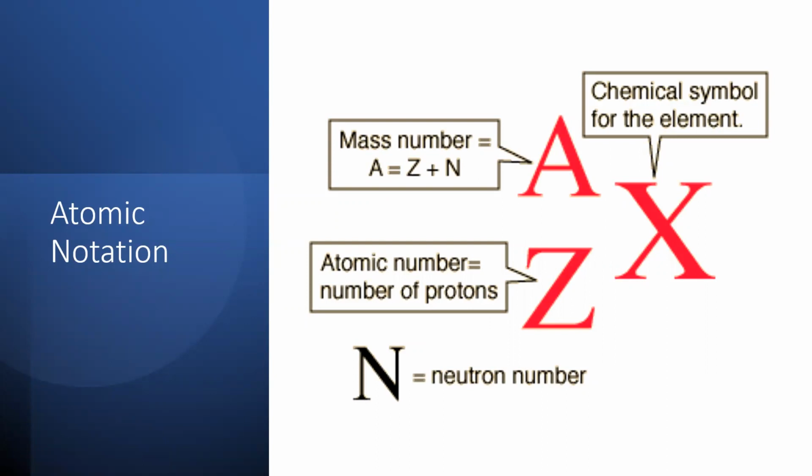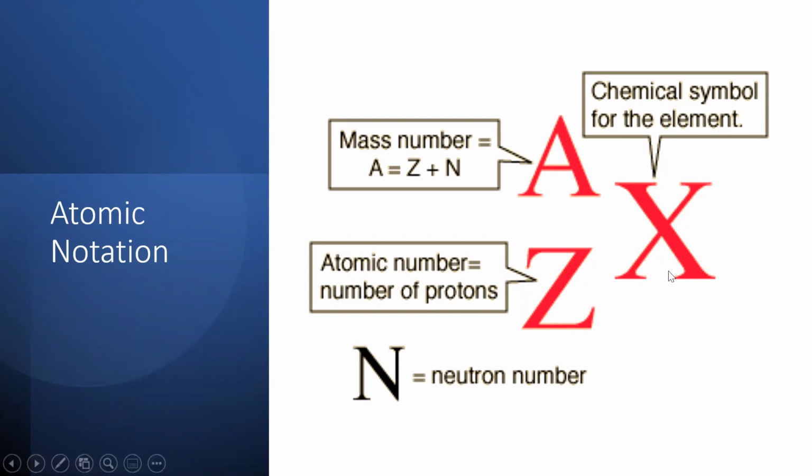Let's have a look at how an atom is written as per its mass number and number of protons. X represents the chemical symbol of the element. For example, for carbon we write C, for lithium we write Li.